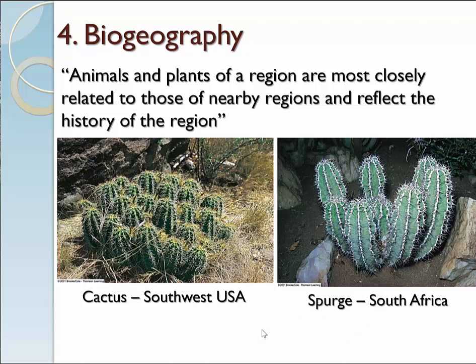Spurge is related to the Christmas plant, the poinsettia, and cactus is not closely related to that at all. If we could see the flowers, the reproductive structures, we'd see that the flowers of cacti are very different than the flowers of the spurge. So the environment can shape organisms to look the same, but they're more closely related to organisms in their own environment rather than in other environments that may be similar. And this is called convergent evolution.